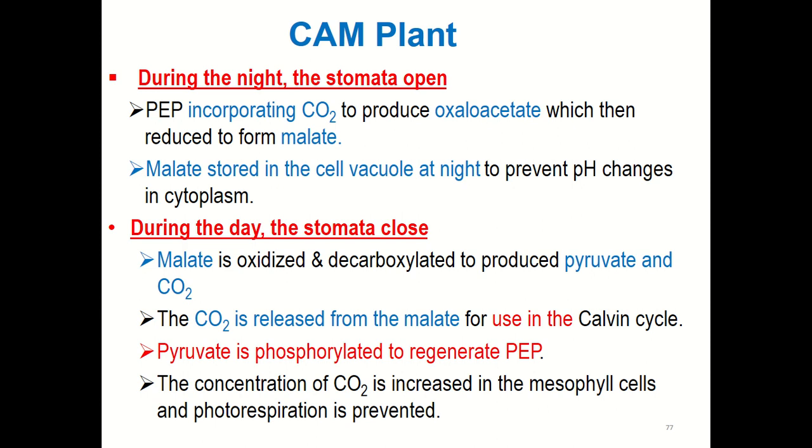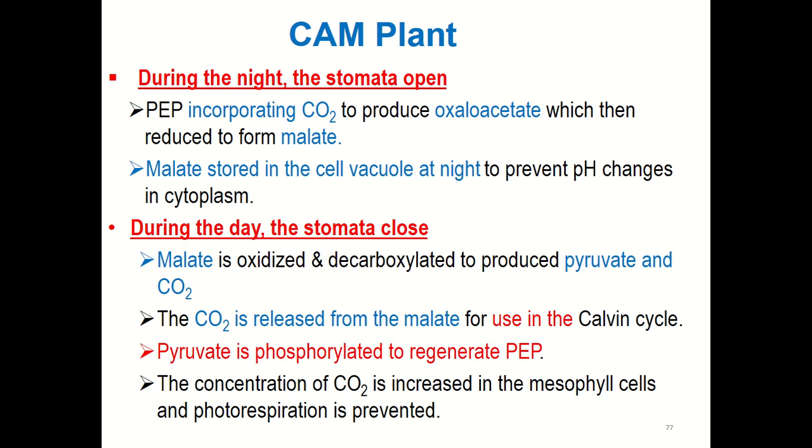And then during the day, the stomata will close. The malate in the cell vacuole will be oxidized and decarboxylated to produce pyruvate and also carbon dioxide. So the carbon dioxide released from the malate will later be used in the Calvin cycle.